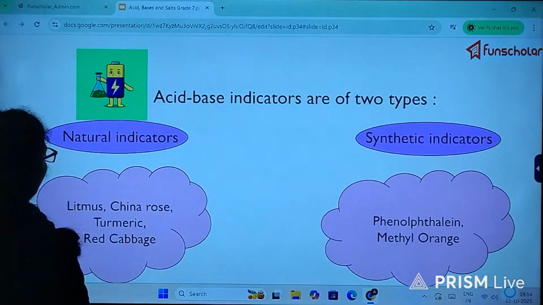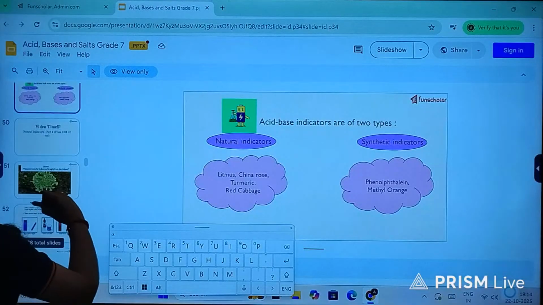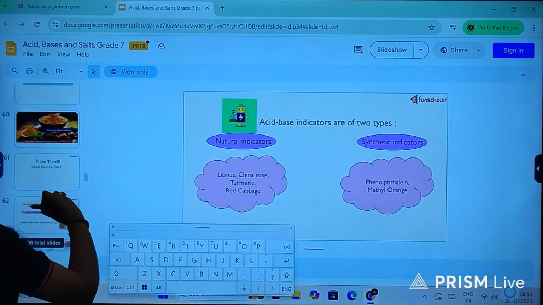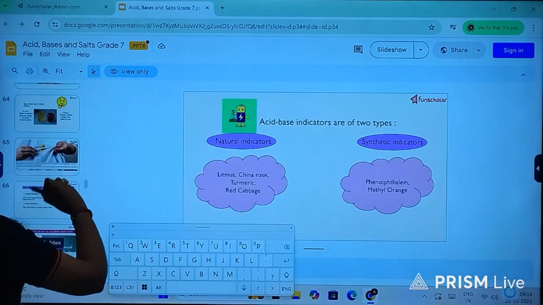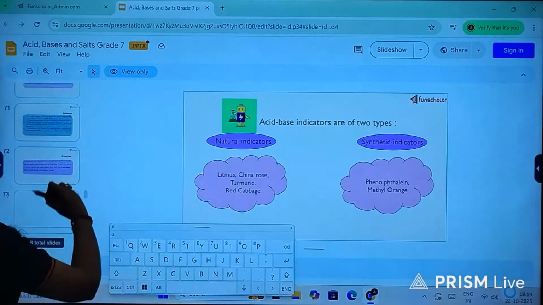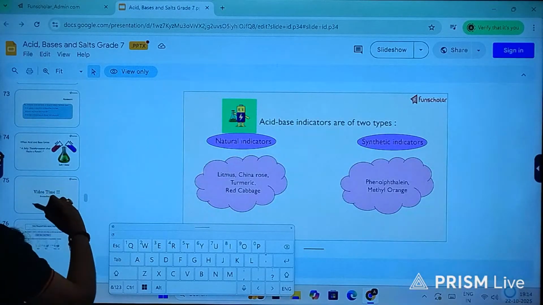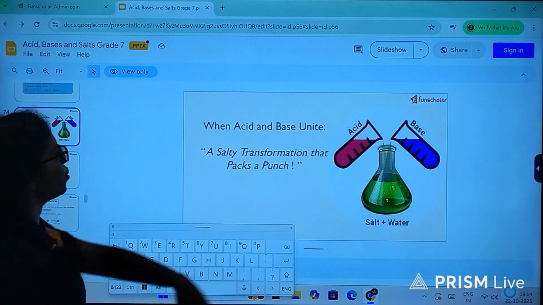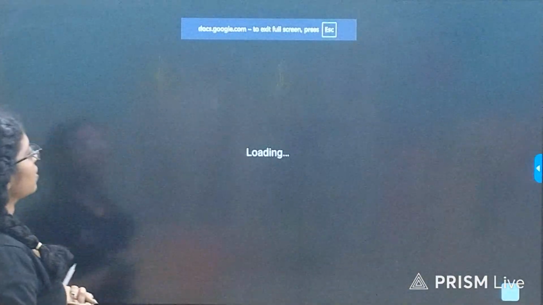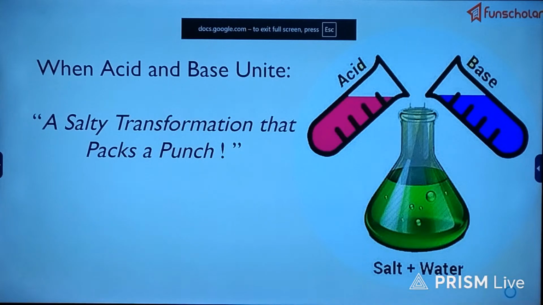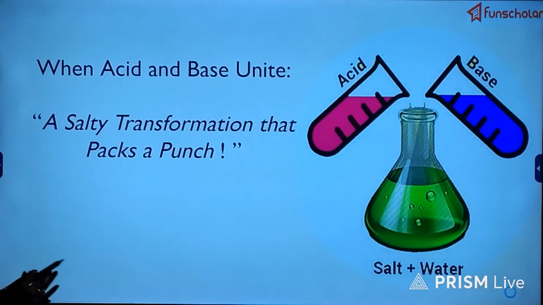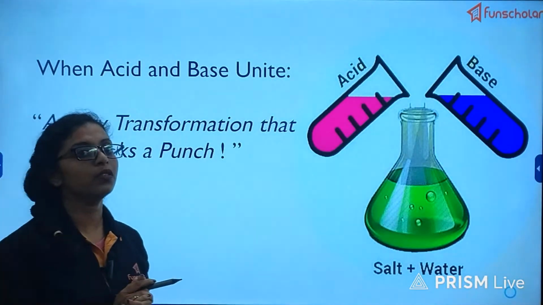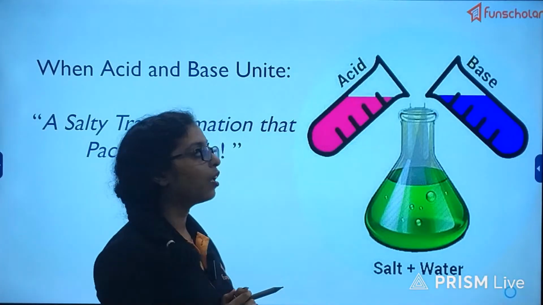Before knowing more about the indicators, let us first know about this concept, which is acid and base. We have already discussed the acid and we have also discussed the base.